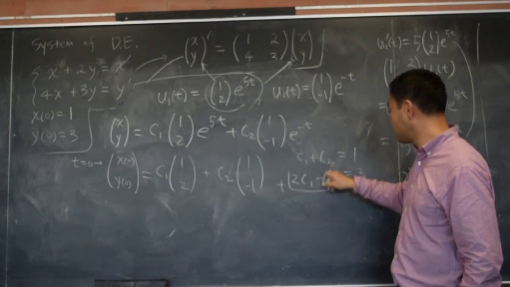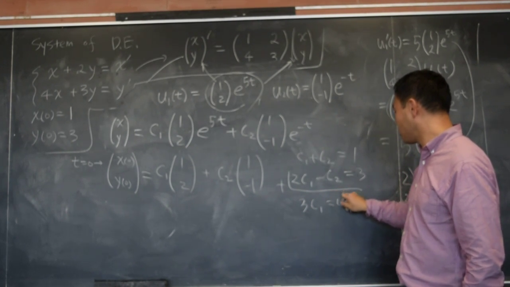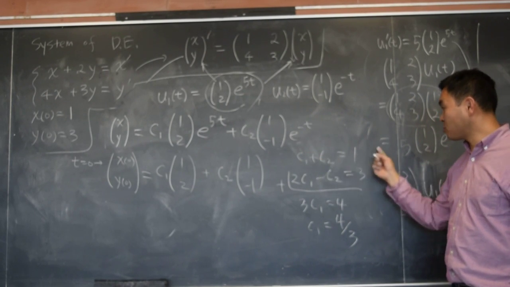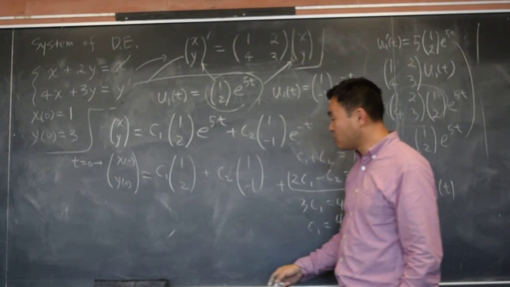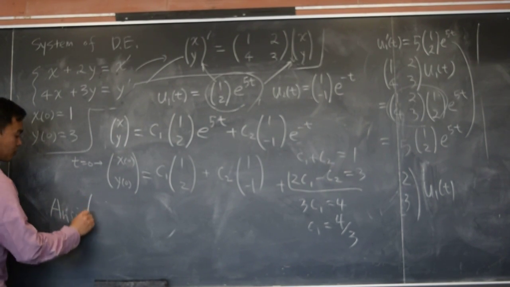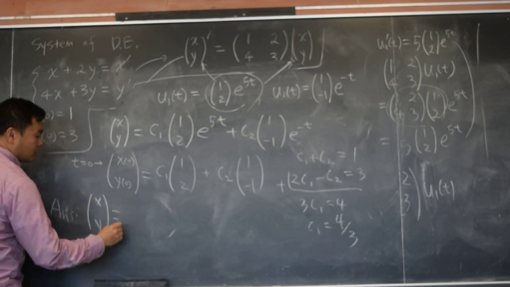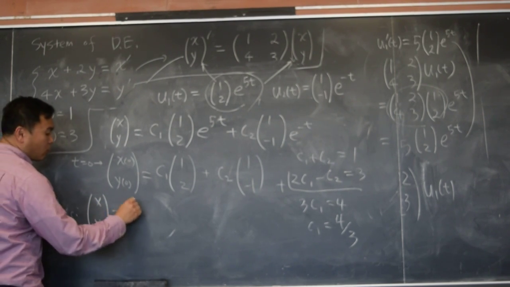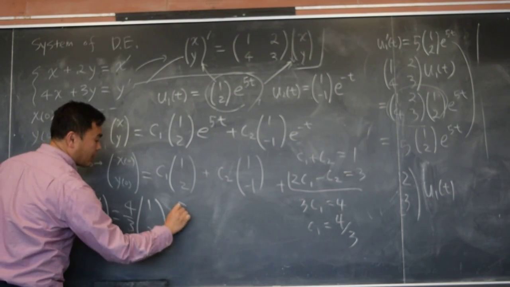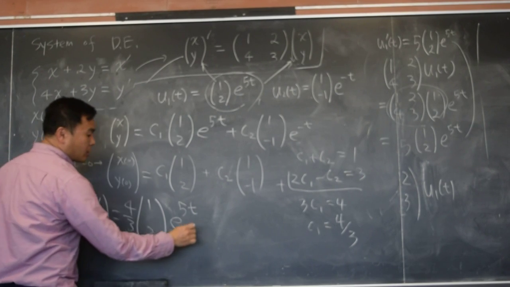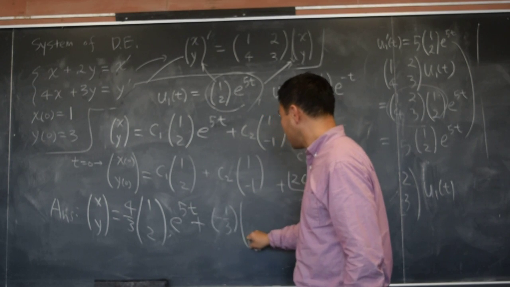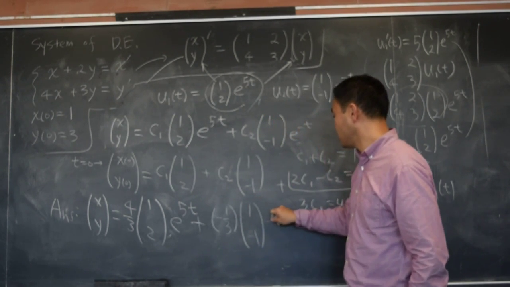And you just have to solve this. Let's solve it by adding them. So 3C1 equals 4. So C1 is 4/3. And plugging it back in here and subtracting, you get C2 equals negative 1/3. So the final answer is that (x, y) is 4/3 times (1, 2) e to the 5t plus negative 1/3 times (1, -1) e to the negative t.